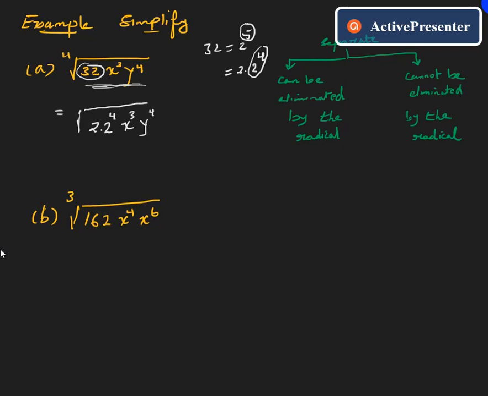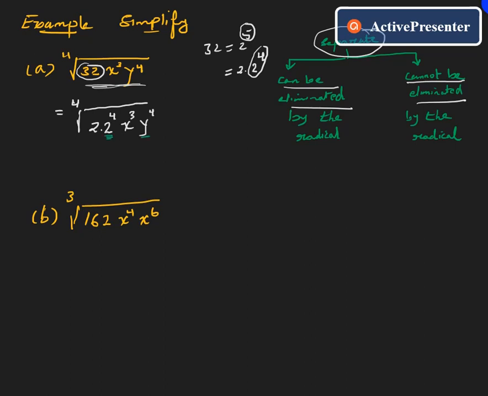So again, separate those that can be eliminated by the radical and those that cannot. Here, what are the parts that can be eliminated by the fourth root? The first part is this, 2 to the power 4.